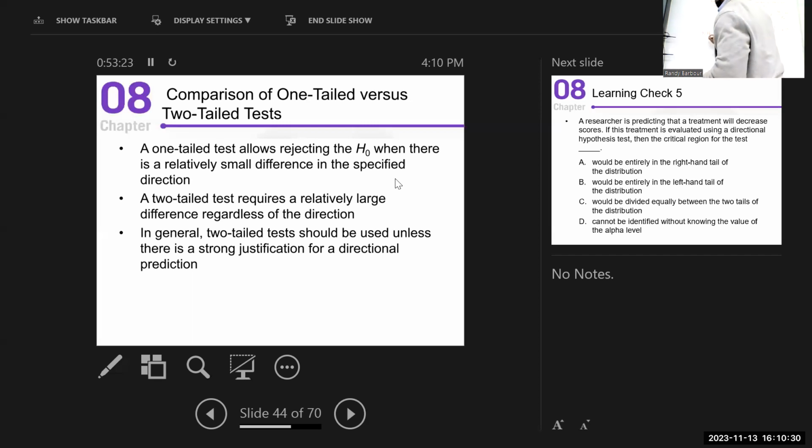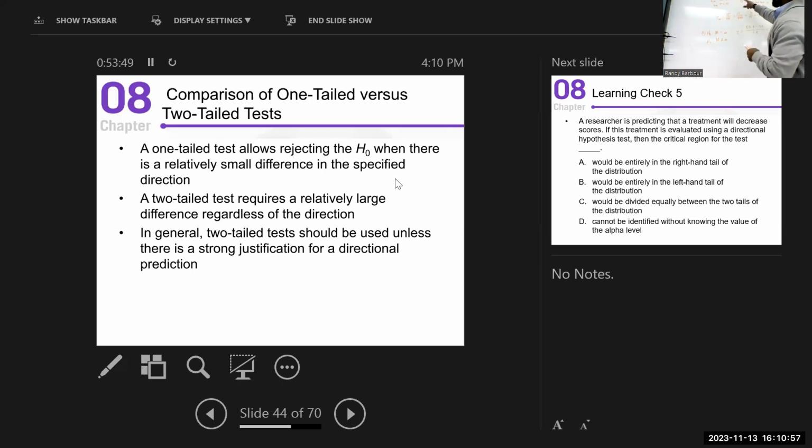Now the research hypothesis, the alternative, says that the mean is not equal to the population mean, meaning that there is a difference. Everybody see that? All right, so that's the first step.